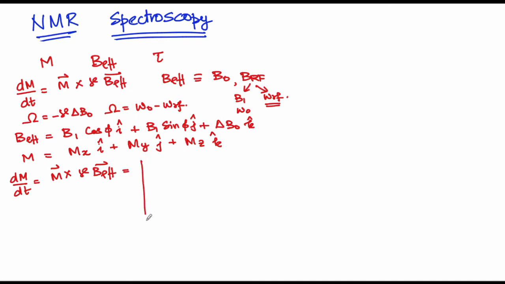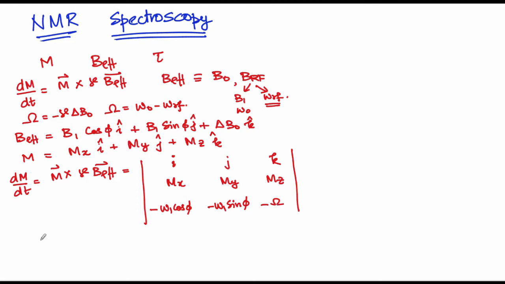This will be given by the determinant I, j, k; mx, my, mz; and you have gamma times B1, that will be minus omega 1 cos phi, minus omega 1 sin phi, and minus capital omega, because you have gamma delta B naught, the negative sign, that will be minus capital omega.